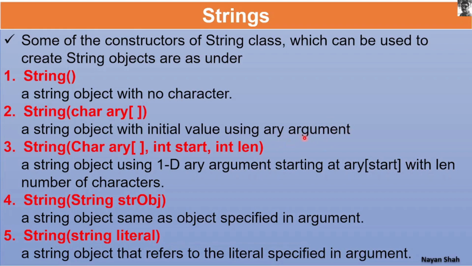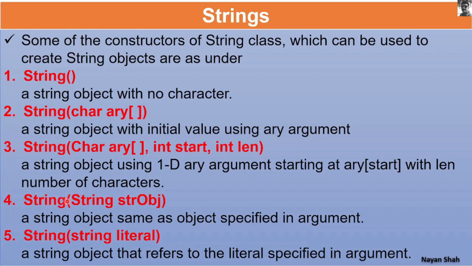For example, the word is "argument", and if I want to take "ume" from this word, then I can use this constructor where I specify the name of the array and the start index number. The start index would be 0, 1, 2, 3, so 3, and the length also 3, giving "ume". We will see an example very soon.